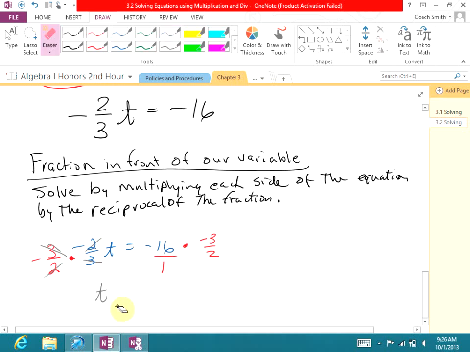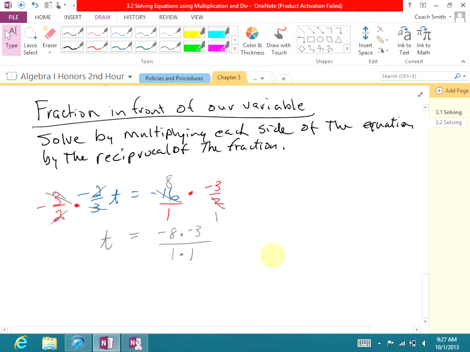On the right side of the equation, I have 2 goes into 2 once, 2 into 16 goes 8 times, which means I have negative 8 times negative 3 over 1 times 1, which means t is equal to what? 24.